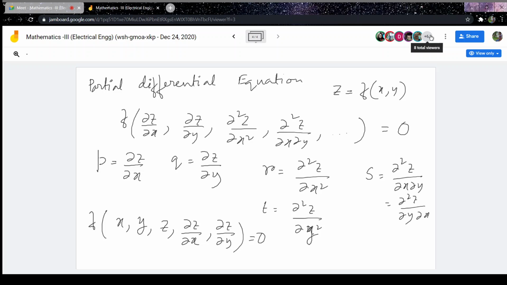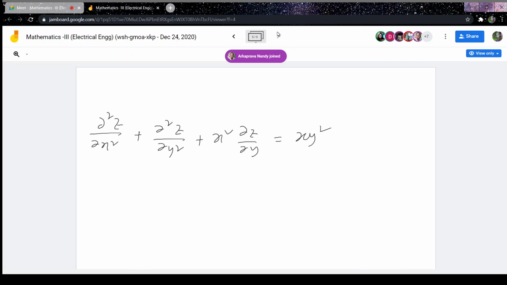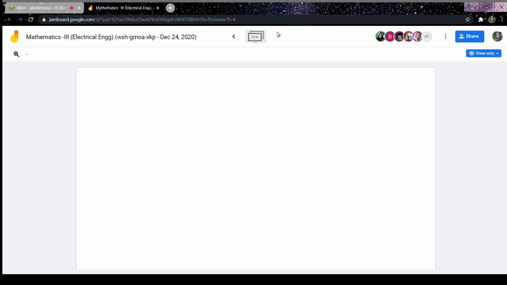This is p, this is q, and suppose you have a differential equation like this. This is a second order partial differential equation. The order is the same as before, that is the order of the highest differential coefficient. Okay, and we will first consider first order partial differential equations.